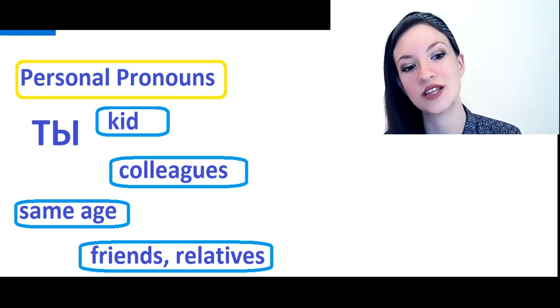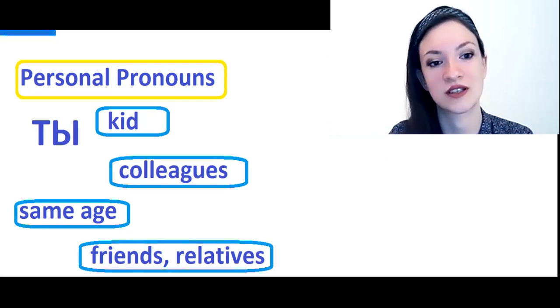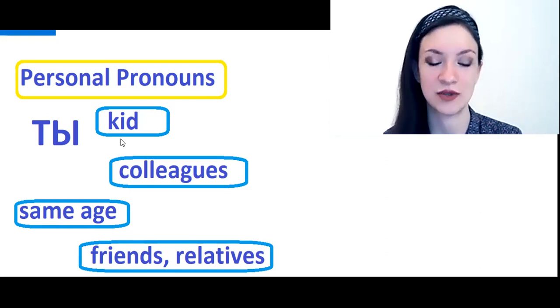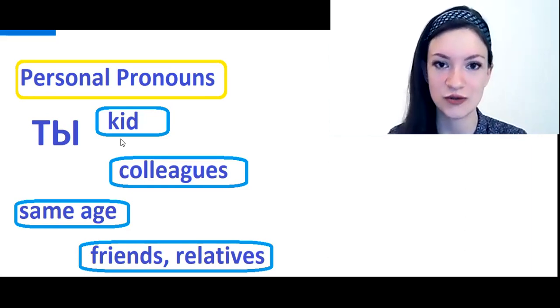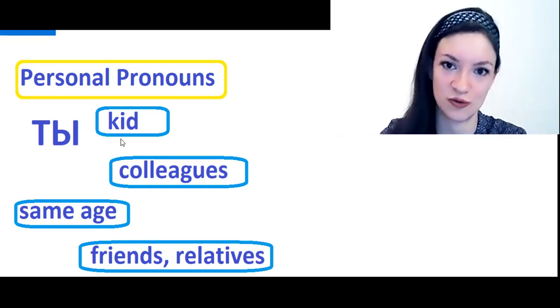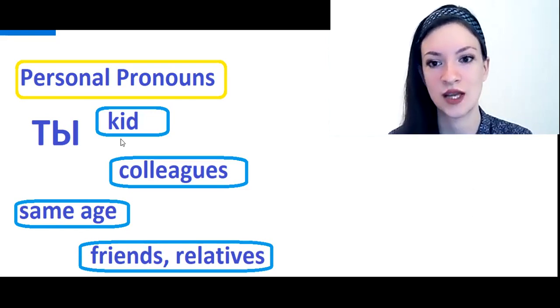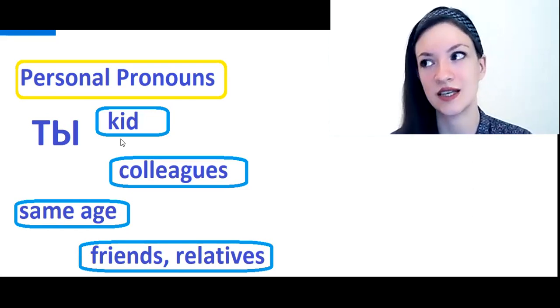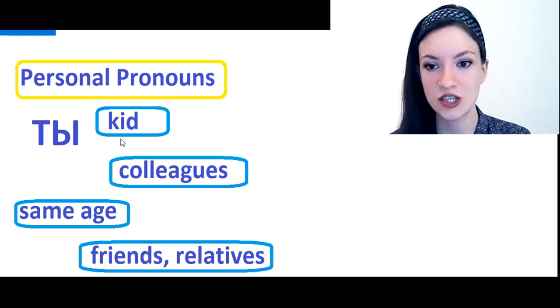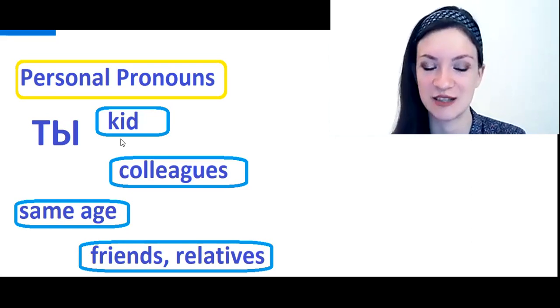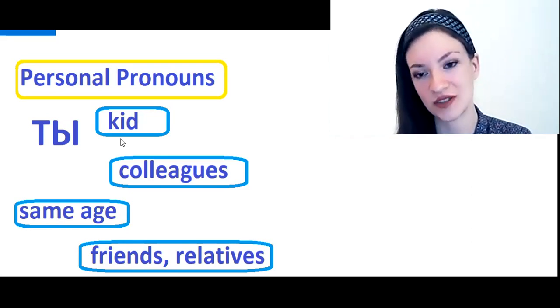You use it when you talk with a kid. For example, I teach Russian not only to foreigners, but also to Russian kids. And they are around the age of 12 and 10 and 8. To each kid, I say ты. And this is a Russian tradition.